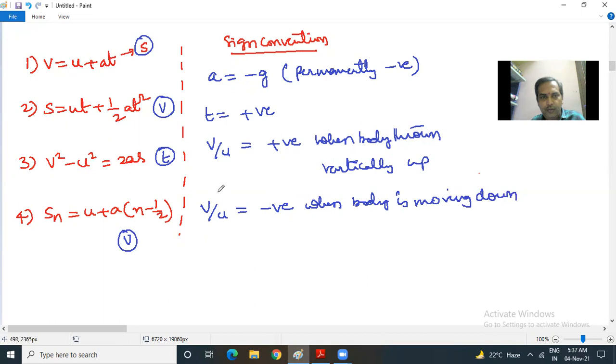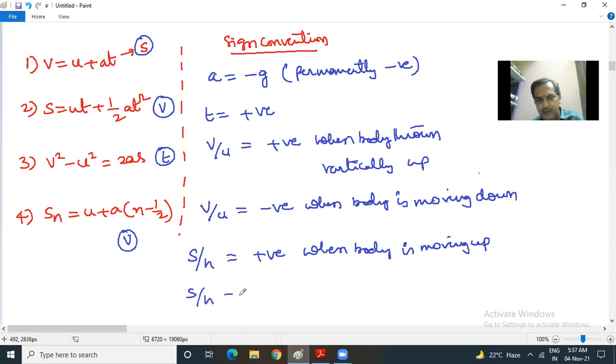Now v and u are gone, so what is remaining? Distance. Distance or height, you take as positive when the body is moving up or thrown up. Now s or h you treat as negative when the body is moving down.